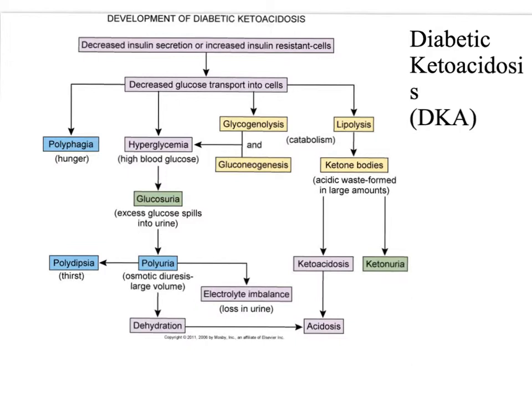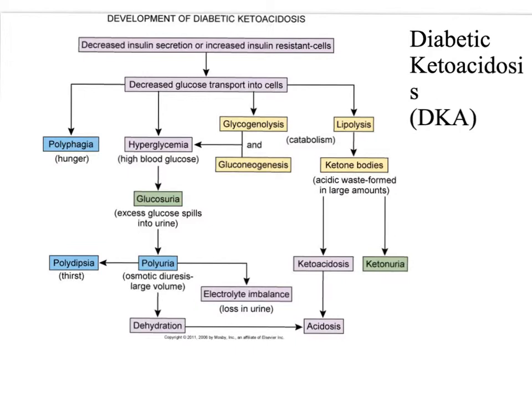Okay, so diabetic ketoacidosis. The name tells you a lot about it. It happens in diabetic patients, and they start producing ketones, and those ketones cause an acidosis in the body. So this is the one time where the patho matches the name, so it's nice. It's actually a problem of decreased insulin, whether it's decreased insulin availability in the body, or they've decided not to take their exogenous insulin.